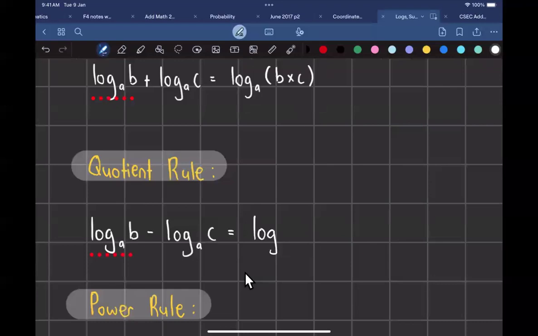Would it be log A of brackets B over C? Yeah, that first one is correct. But log A is supposed to be log to the base A, log B base A, log C base A. That'll be B over C.